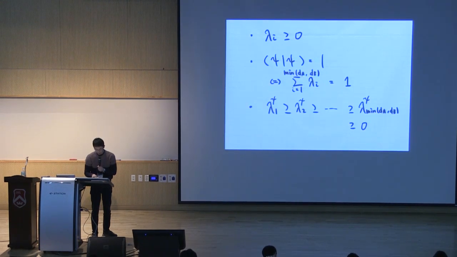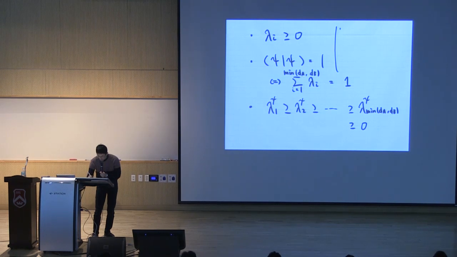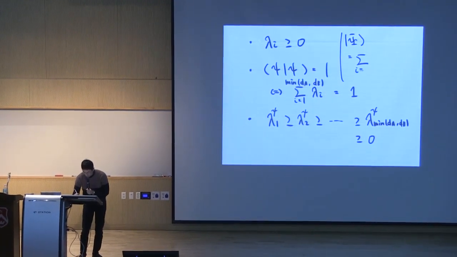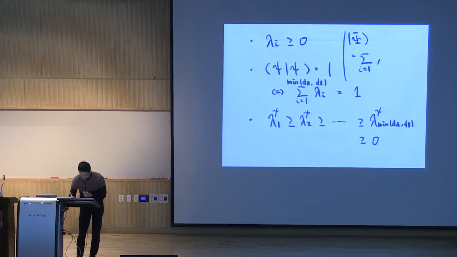So psi now takes this form, with a square root here, times |i_A> times |i_B>.